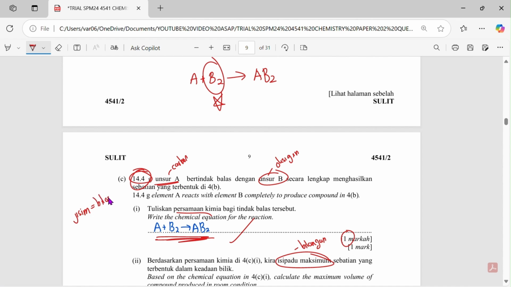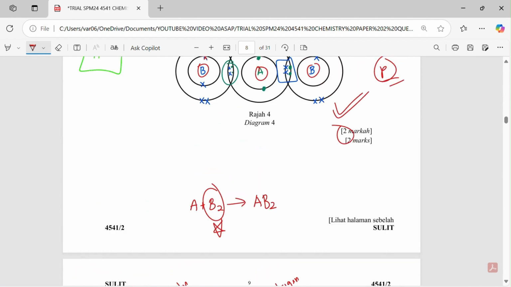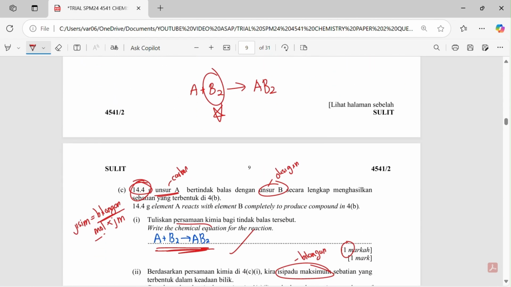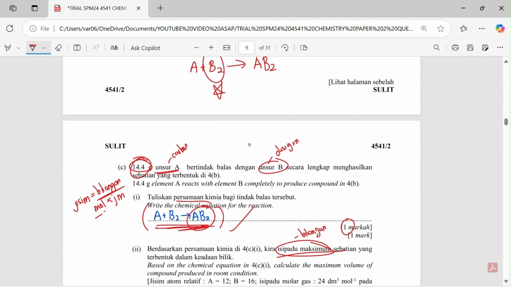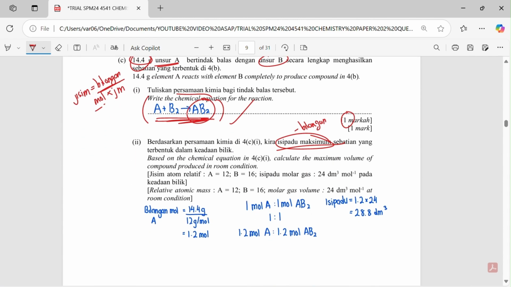Because jisim is equals to bilangan mol times jisim molar. So, if you successfully get bilangan mol for unsur A, you can use ratio based on your persamaan kimia. Use the ratio system and you will get bilangan mol for your sebatian P. And once you get bilangan mol for sebatian P, you can easily get isi padu maksimum. So with this ideology, we're gonna answer this question.